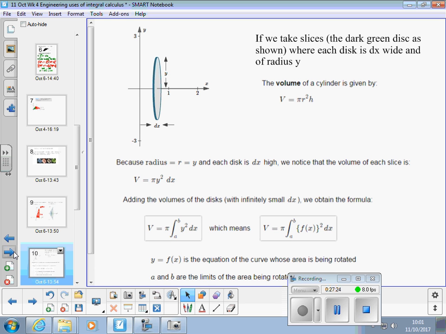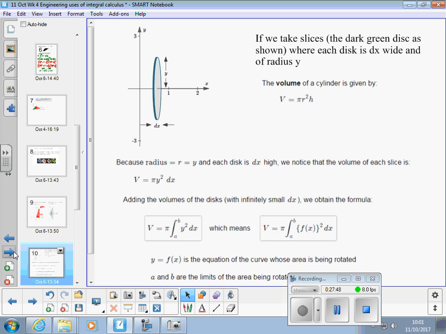Each disc is dx wide and has a radius of y. Yeah, so that disc is the change in x, a small slice wide, and its radius at any point along that x-axis is y.